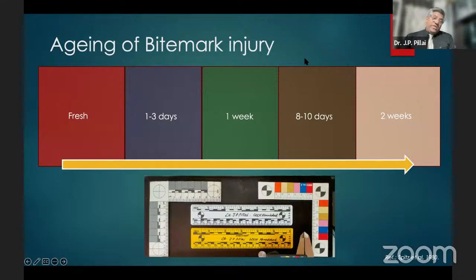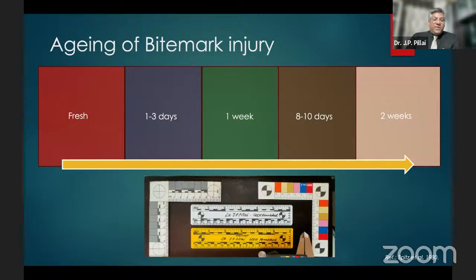Another piece of information which the forensic odontologist or the dentist can give in an investigation is the aging of the bite mark. Most of you would have studied in oral pathology the healing of wounds. There's a chapter. After injury, there is a healing mechanism which takes place.